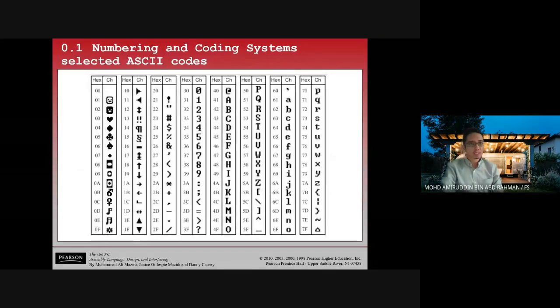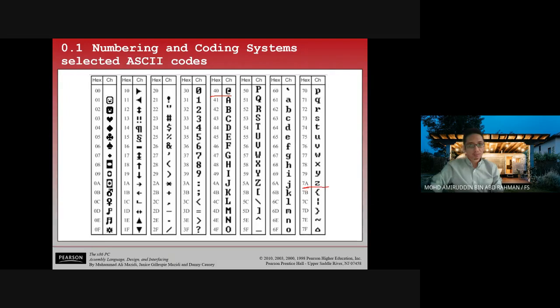This is an example of the other codes used for the ASCII. This is for the alphabet, starting from 41 until 80.